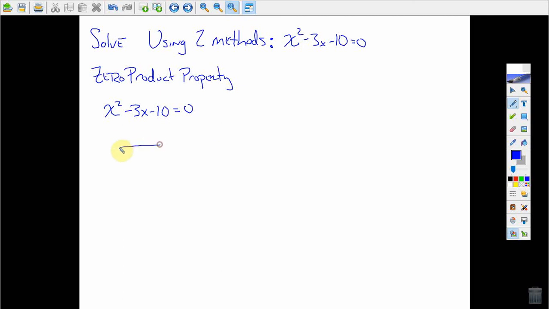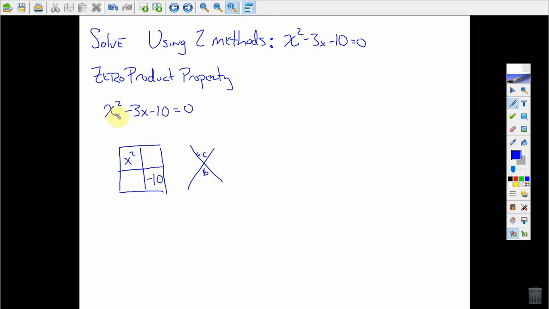I'm going to go ahead and make my rectangle here. We're going to fill in the x squared to our top left square, our negative 10 in the bottom right square, and we're going to split up this negative 3 into these two squares. So the way that we're going to do that is we're going to do our diamond problem. Remember, at the top of the diamond we have a times c, and on the bottom we have our b term.